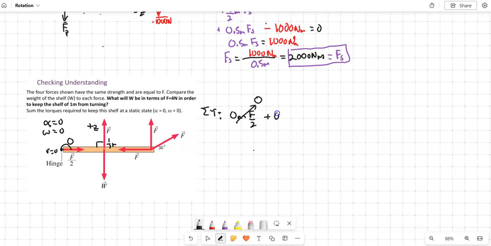It's located at the 0.5 meter mark, and it's a force F, which I think we're saying is 4 newtons. So maybe I should have erased this, and I'll just call this 4 newtons here.